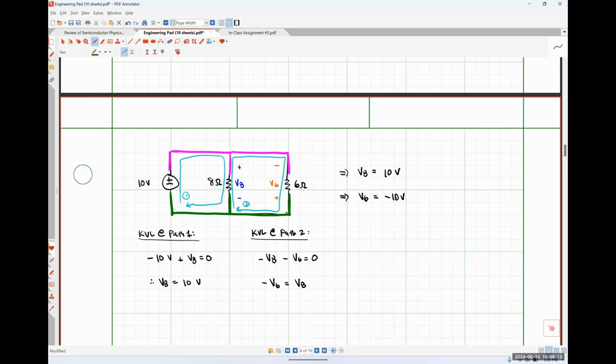So what we just found out is that Kirchhoff's voltage law tells us that all of the elements that are connected in parallel have to have the same voltage drop over them. The only reason that V6 is negative 10 volts instead of positive 10 volts is because it's of the opposite polarity. So all of the magnitudes have to be the same.